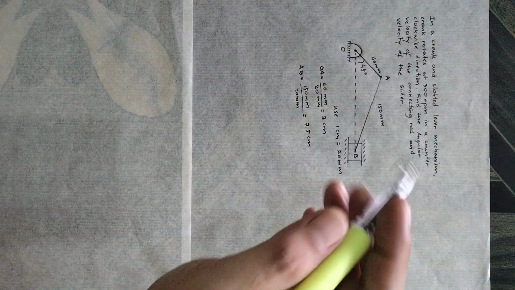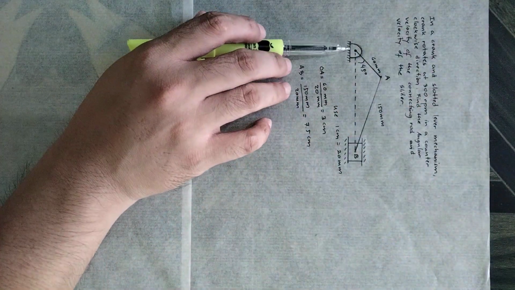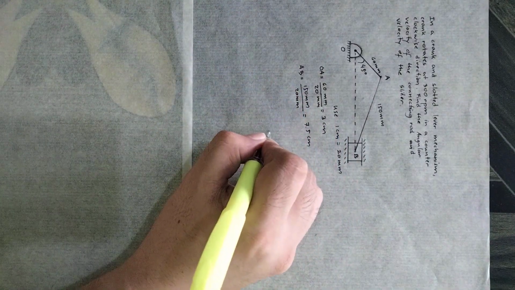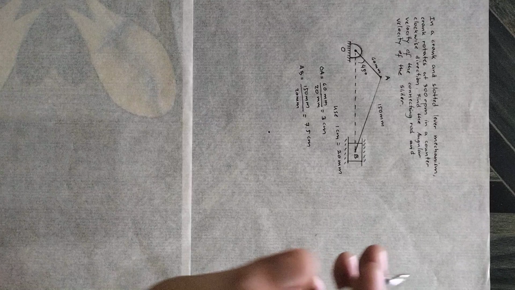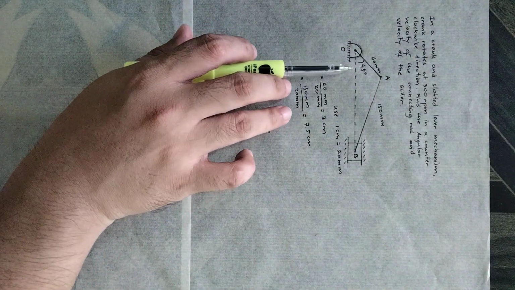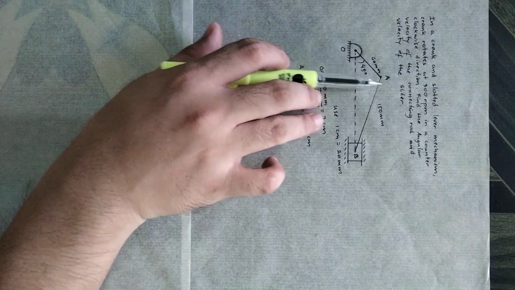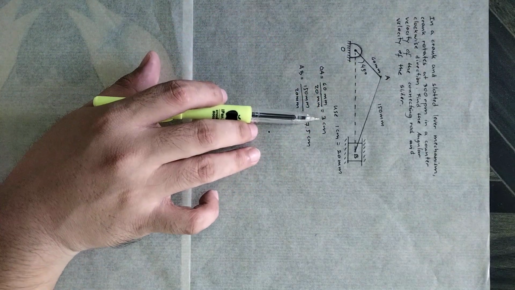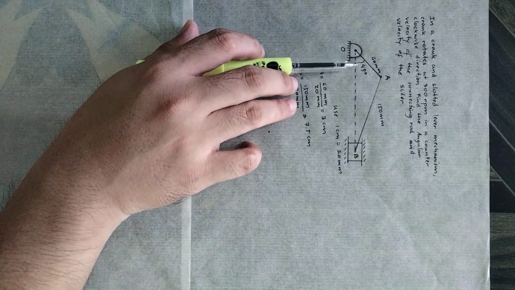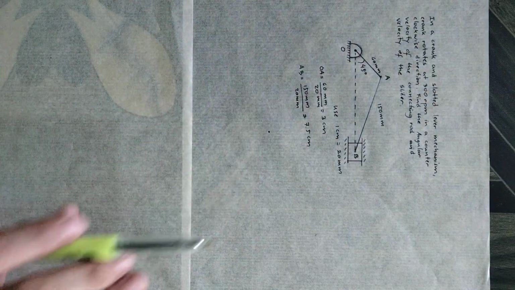So let's start with identifying the fixed point, which is this point O. Okay, point O, our fixed point. The next thing to do is we know that this length OA is 3 centimeters in the space diagram, and it is located 45 degrees from the x-axis.